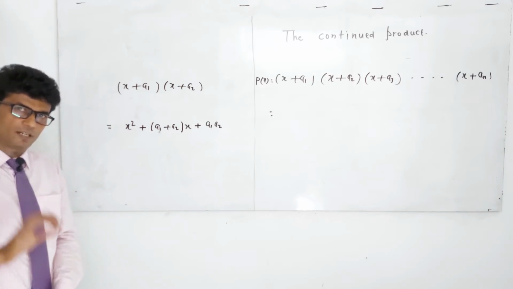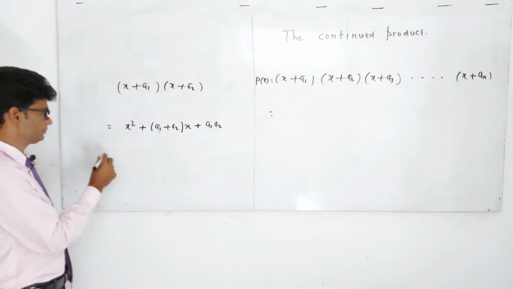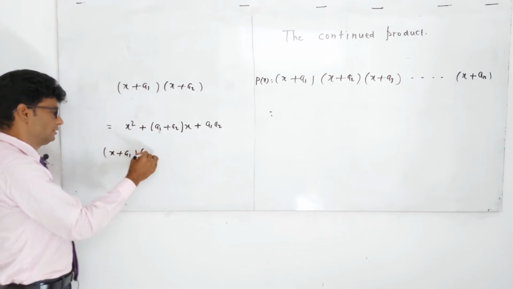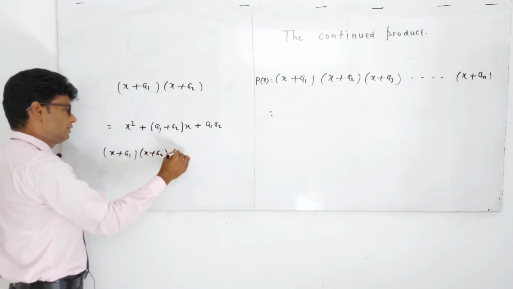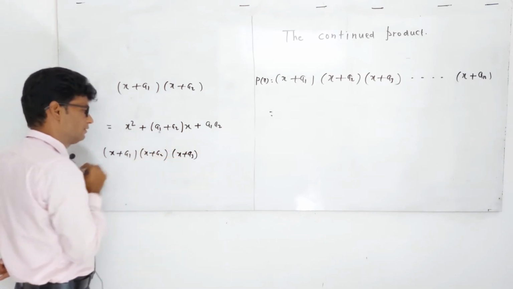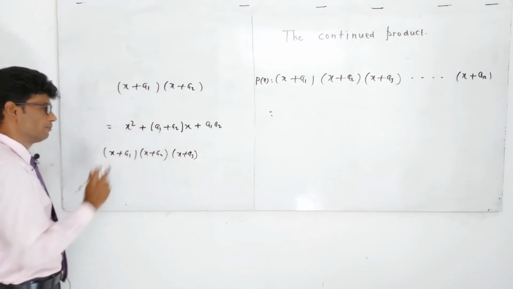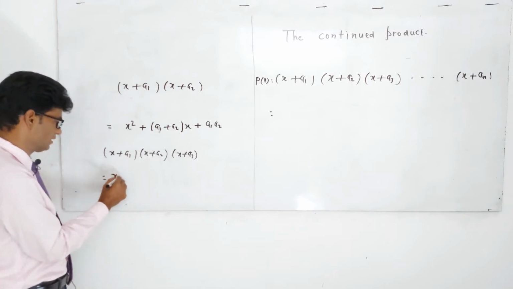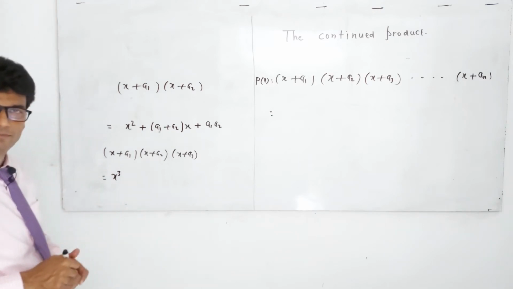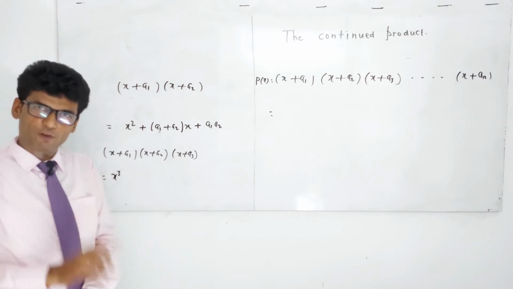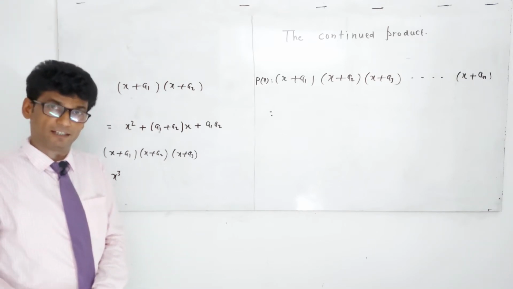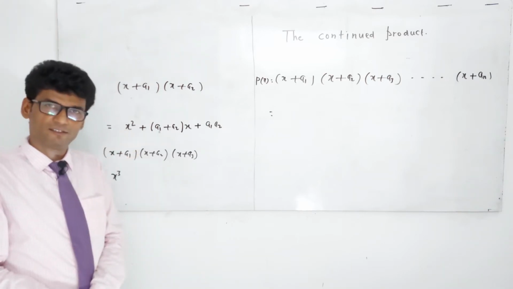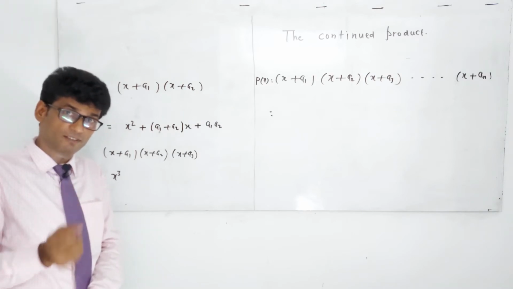Now apply the same trick to three factors. Look at here. x plus a1, x plus a2, x plus a3. Now take x from each factor and multiply it. So it becomes x cubed. Now take x from n minus 1 factors and the number from the remaining one. Here the total is 3 factors, so n minus 1, that is 3 minus 1, is 2 factors.